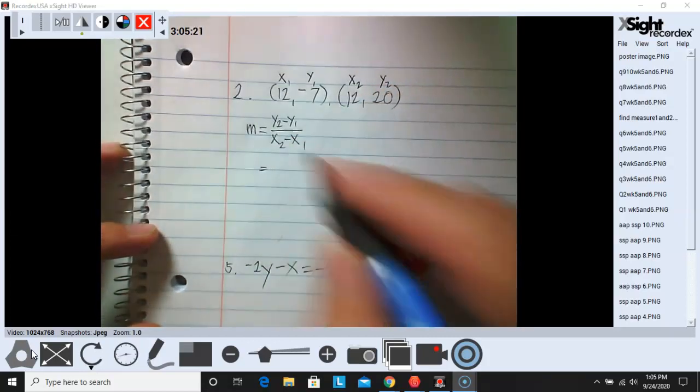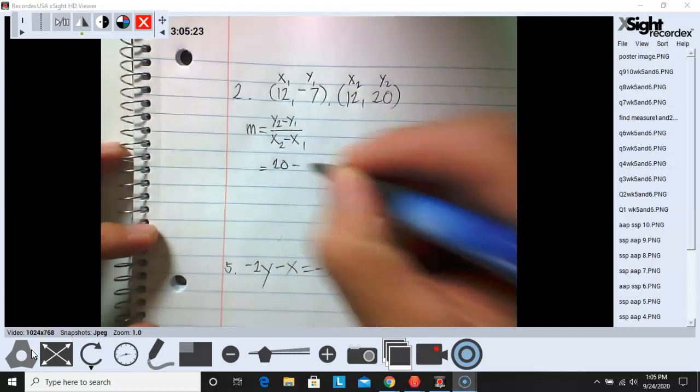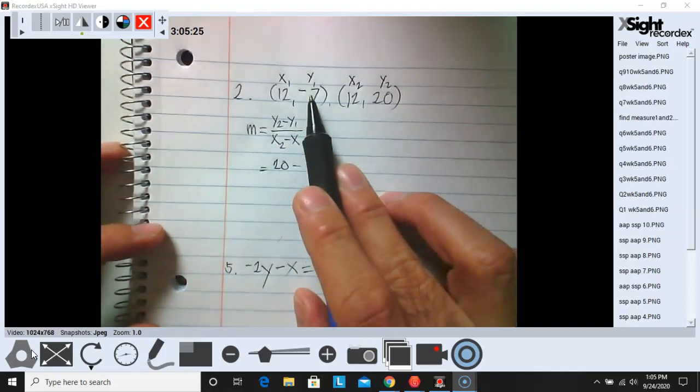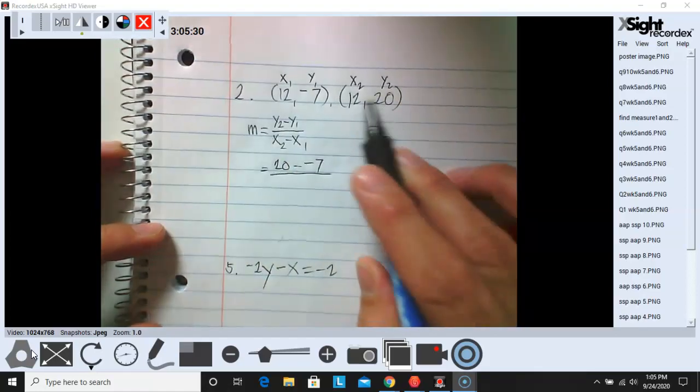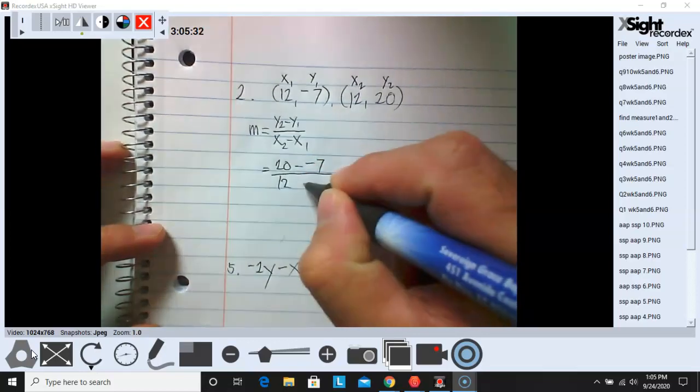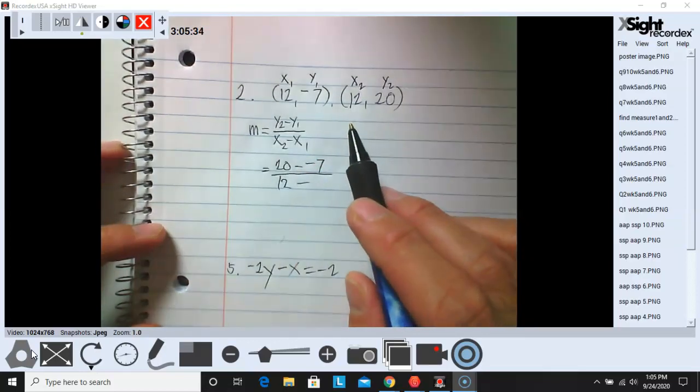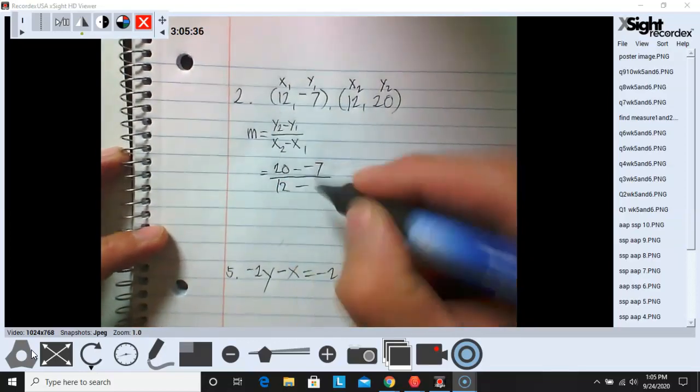Okay, y sub 2 is 20 minus, don't forget you also have a negative sign here. So you put minus 7 all over 12 minus, you also have a 12 here.